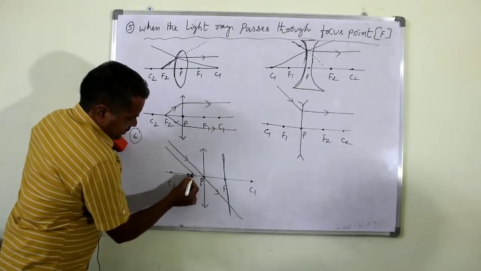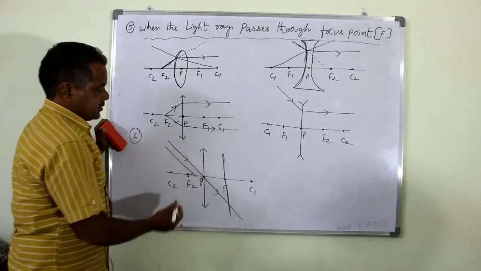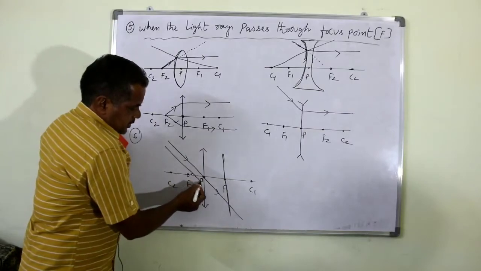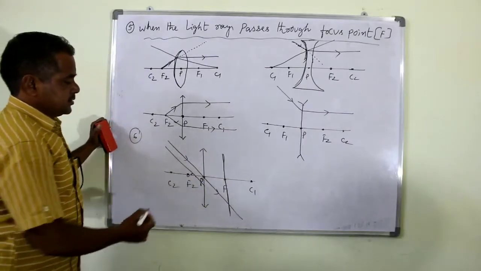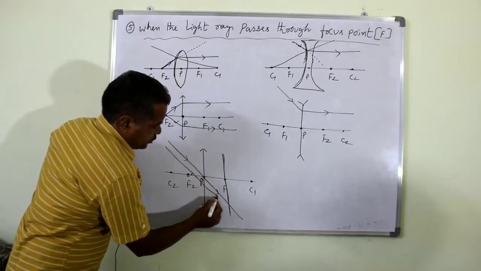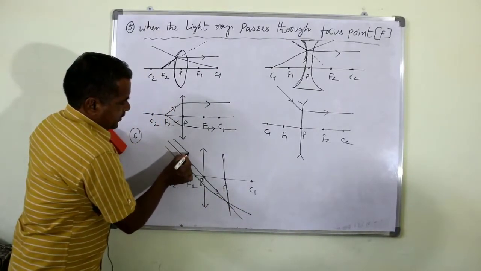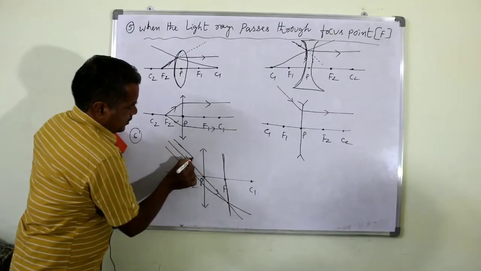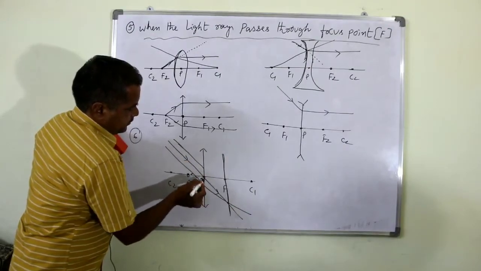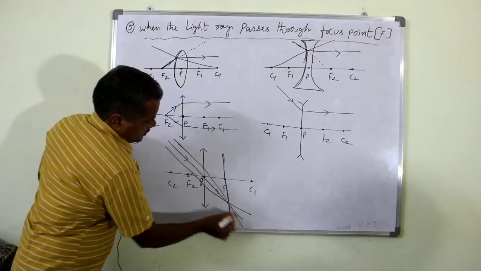Another light ray which makes some angle with the principal axis, incident at this point, then the corresponding refracted ray moves like this. Take one more light ray, incident here, it moves like this.